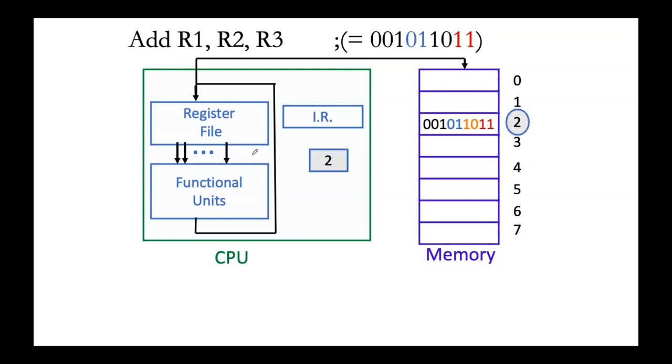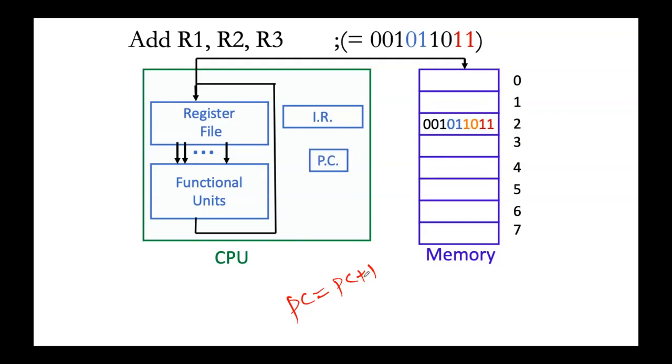So let us see. This is the address as said. In the first fetching phase, it checks the address of the memory. That address is 2, and it is stored in the program counter. Then the program counter will be incremented after execution of this instruction, that is PC plus 1, to execute the next instruction.